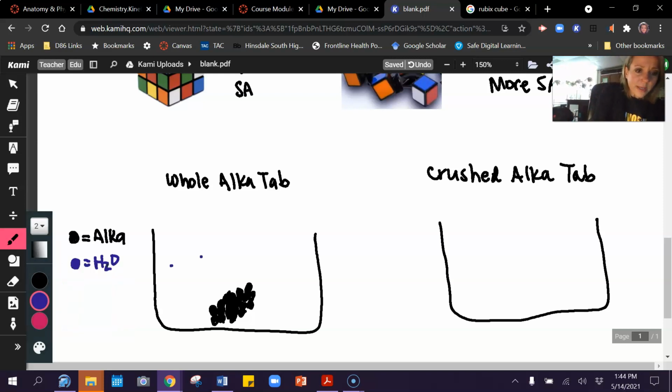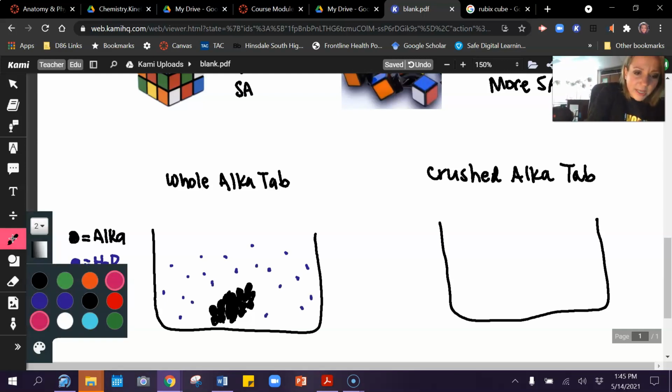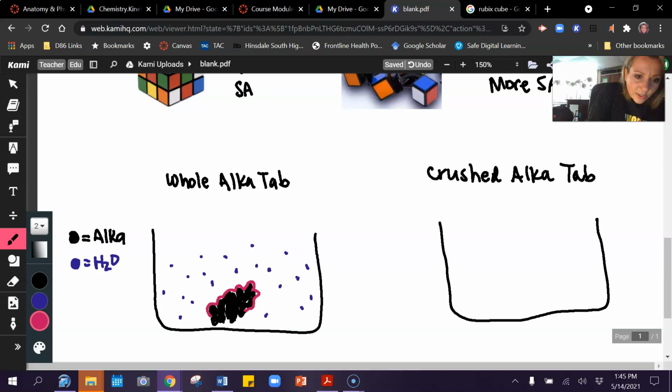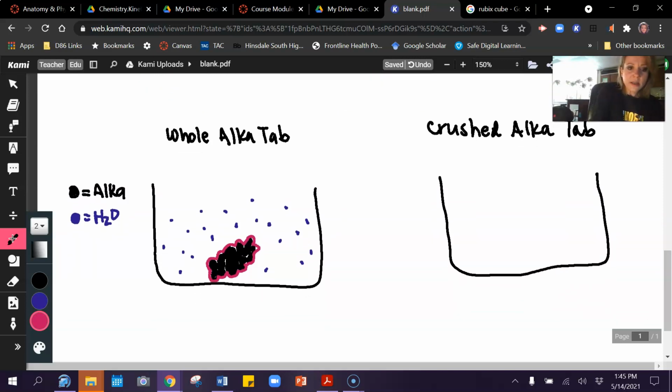And so when I draw out my water molecules, the only place that the water molecules can collide with the Alka-Seltzer tablet is over here on the outside. And so my reaction rate is going to be low. So remember, RXN is reaction.